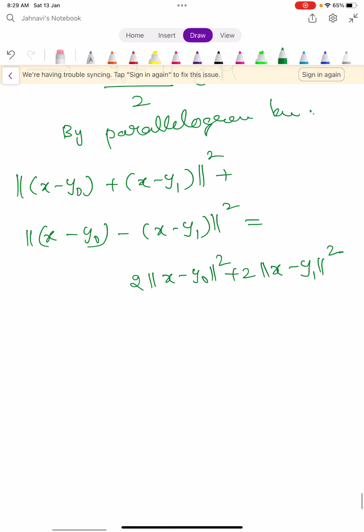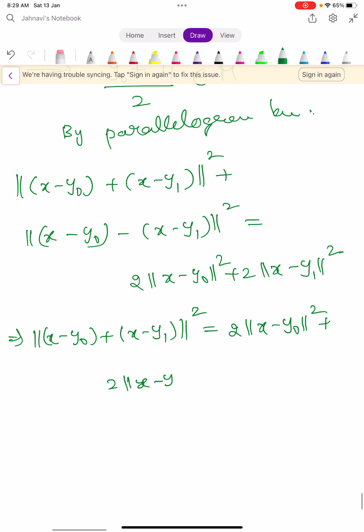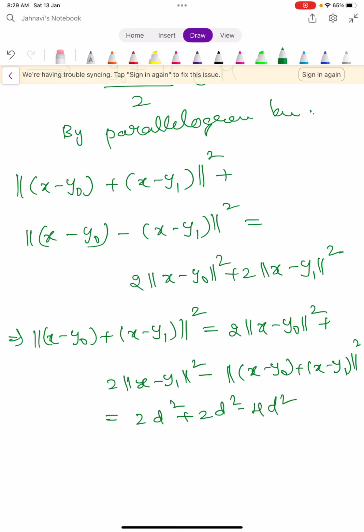So this condition can be written as norm x minus y0 minus x minus y1 whole square is equal to 2d square plus 2d square minus 4d square. Obviously it is 0.